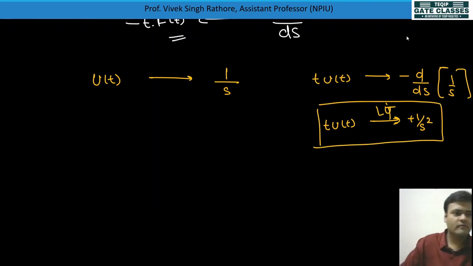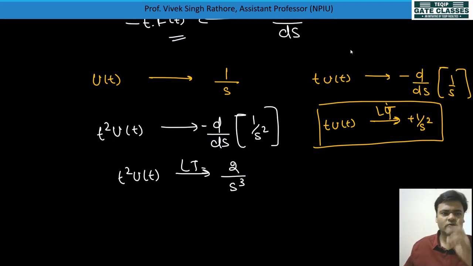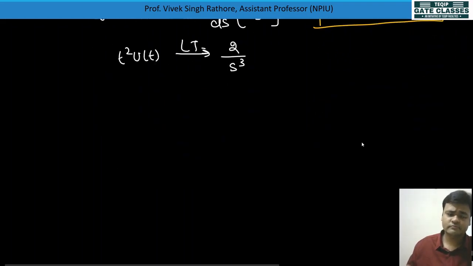Now if you do t square into u of t, what will you get? You'll get minus d by ds of 1 by s square, which is minus and minus, plus 2 by s cube. So the Laplace transform of t square u of t will be 2 by s cube. So normally u of t is 1 by s, t u of t is 1 by s square, t square u of t is 2 by s cube, and so on.